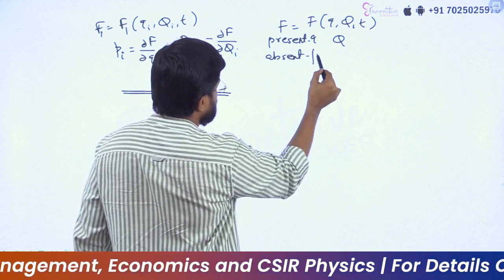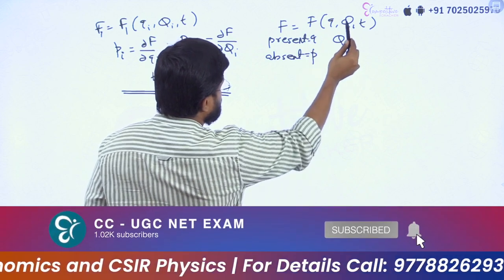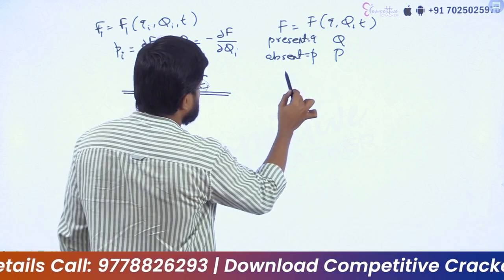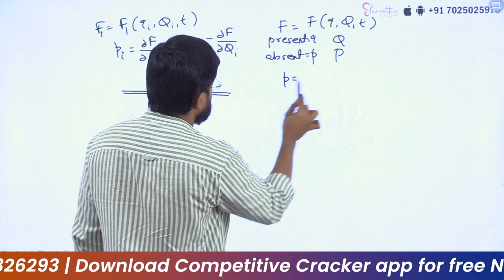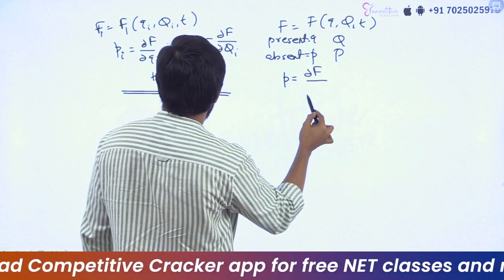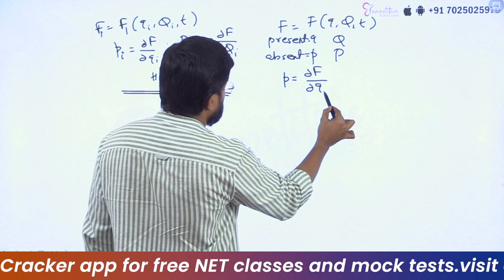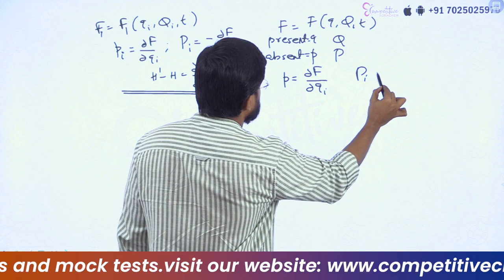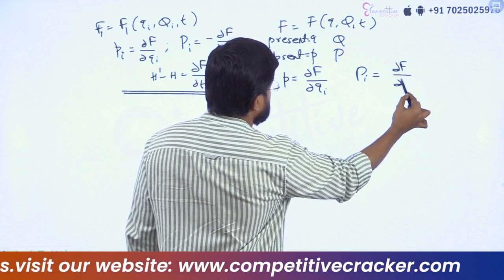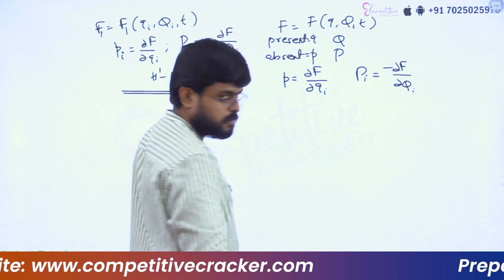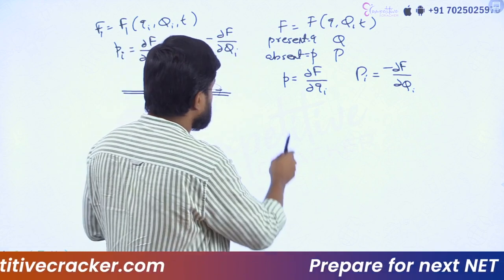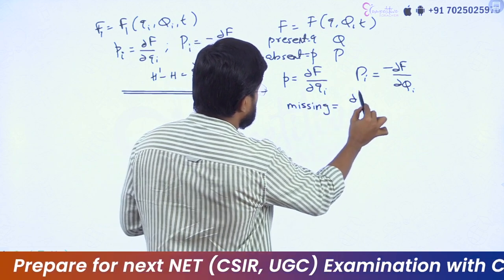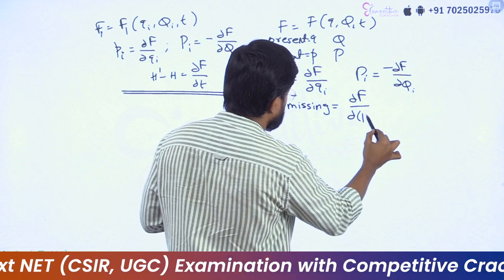And for the absent ones, we got P equal to ∂F/∂Q, and pi is equal to ∂F/∂qi with a negative, right? That means the missing term is equal to ∂F/∂ present.